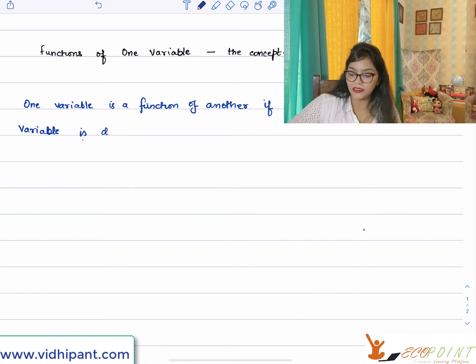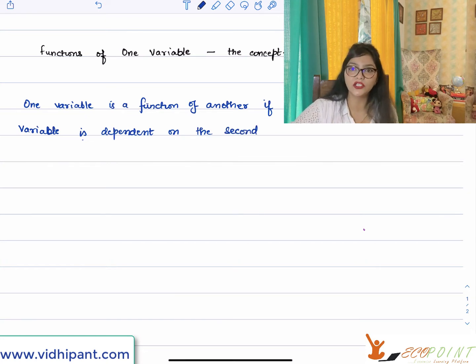This dependence relation is called a function, but that doesn't mean that every relation is a function.